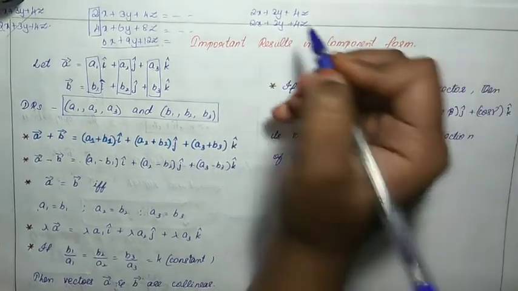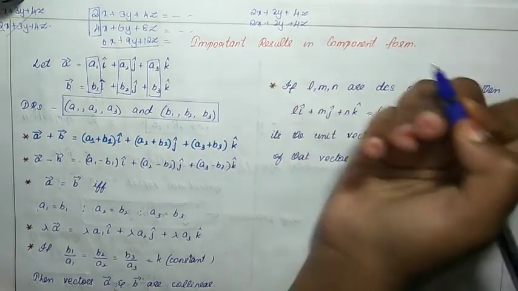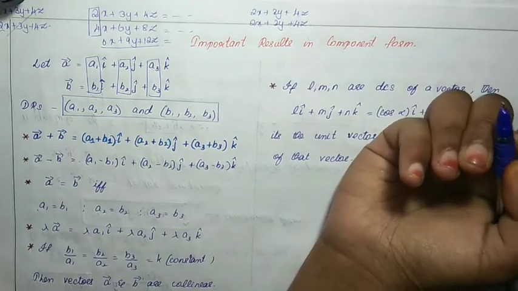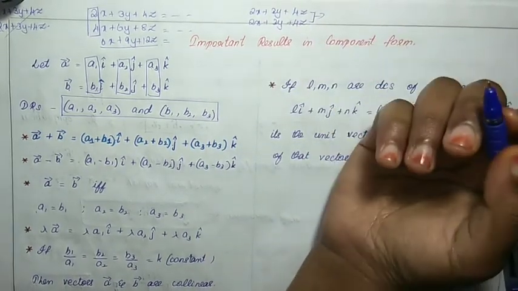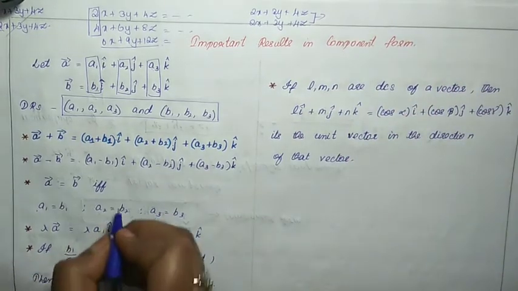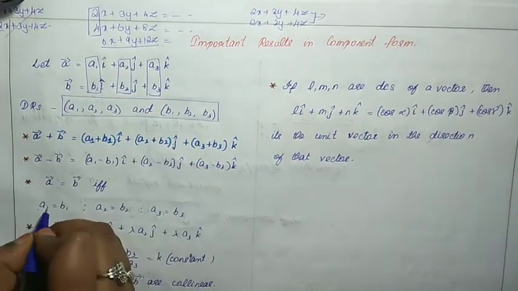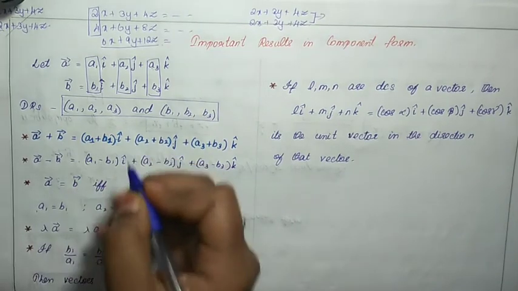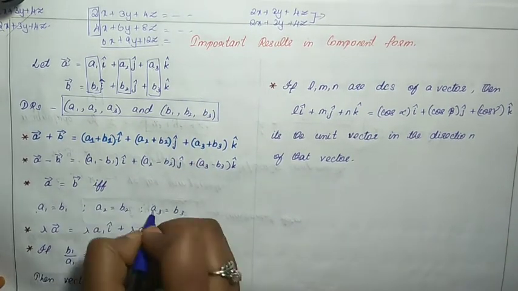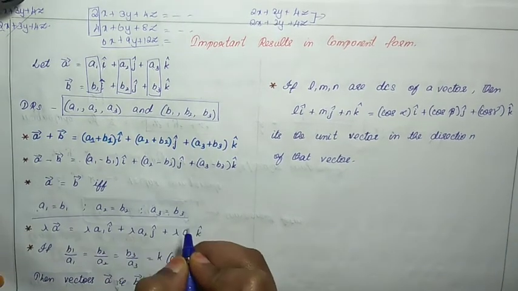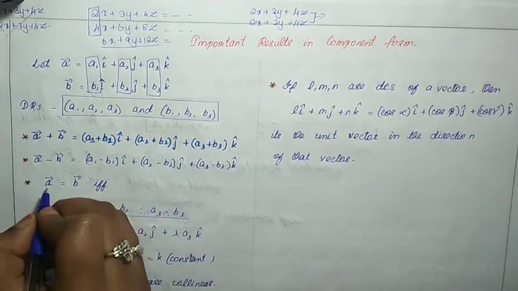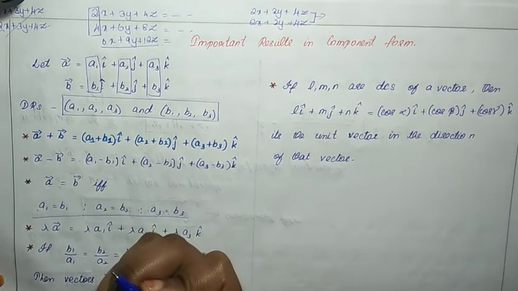Is it equal? Yeah, right. 4z equals 4z. Yeah, right. So then I will say that these two equations are equal. In the same way, if a1 equals b1, a2 equals b2, a3 equals b3, if all these three conditions get satisfied, then I say that my vector a equals vector b.